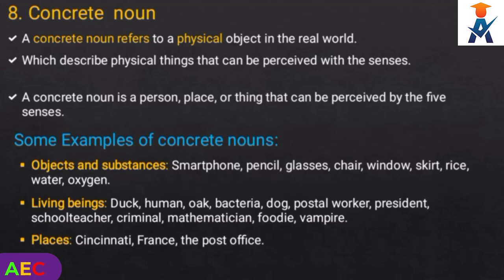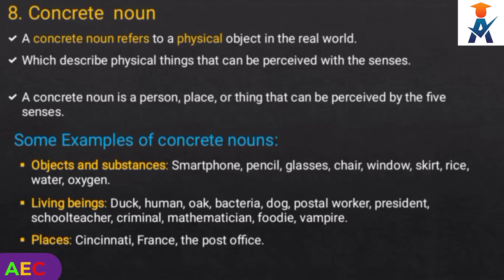Some examples of concrete nouns are objects and substances. For example, a smartphone, you can touch it. Pencil, glass, chair, skirt, rice, water, and oxygen. You can touch them.